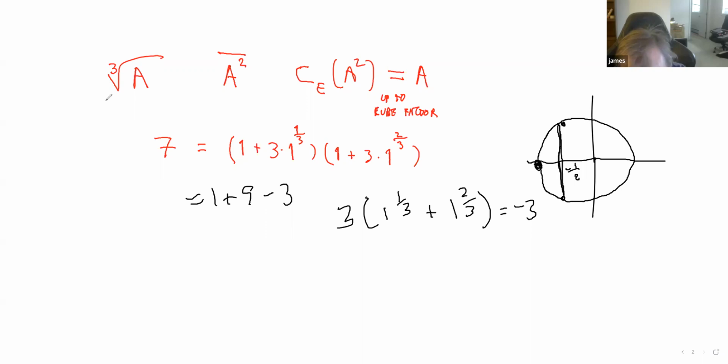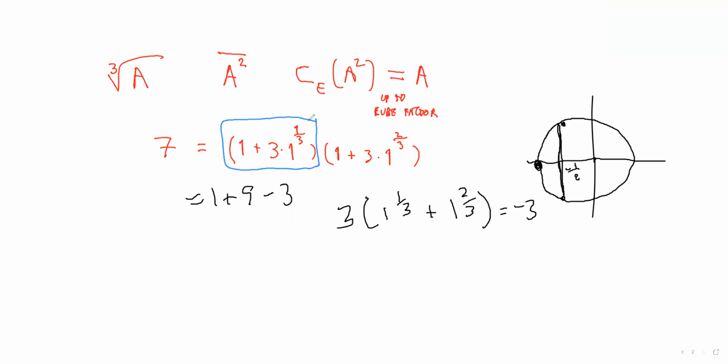I did this basically so that I could have a nice handy actual Eisenstein quantity right there, that is not its own conjugate. In fact, it's the other factor that is its conjugate, the Eisenstein conjugate.